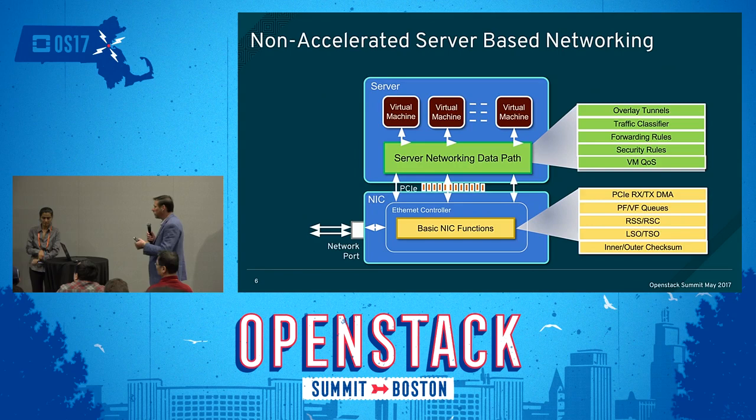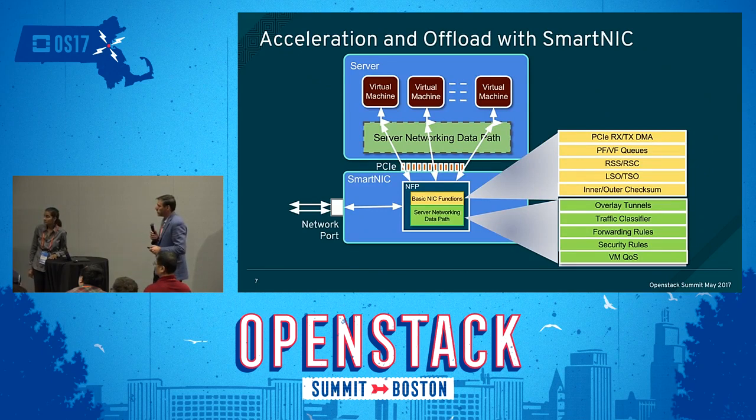At a high level, we're moving functions that are traditionally implemented in the server data path, either in Linux or in something like Open vSwitch, where we're doing complex functionality involving overlay processing, traffic classification, QoS, security rules and policies, that are not typically done in the NIC card today. The SmartNIC does do those things, and so we are moving that functionality from the server into the SmartNIC as shown in this diagram.